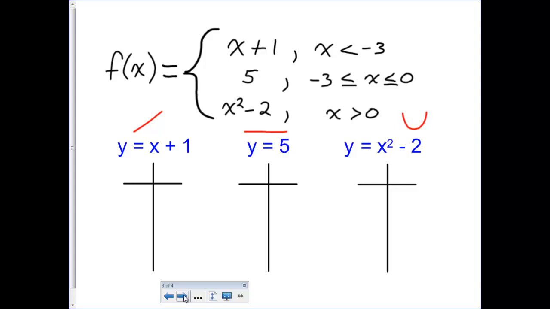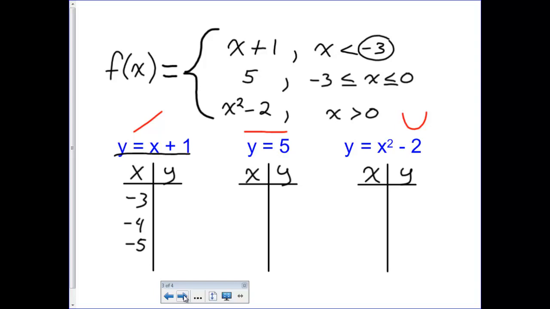Now in order to pick our points, for this first one, I'm going to start with the small number, which is -3 for my input. So I have x, y, x, y, x, y. In my first one I'm going to put a -3, and I can choose numbers for x that are smaller than -3, so I'm going to choose a -4 and a -5.